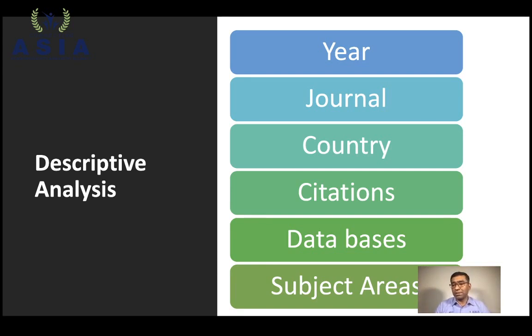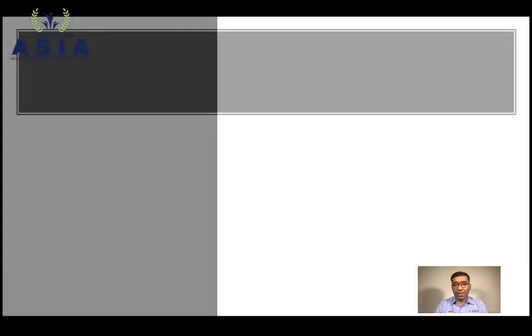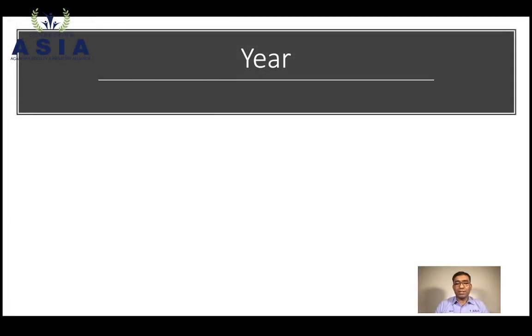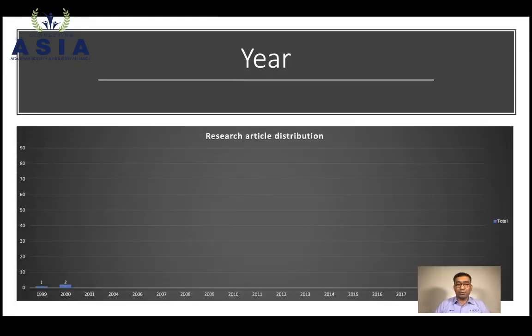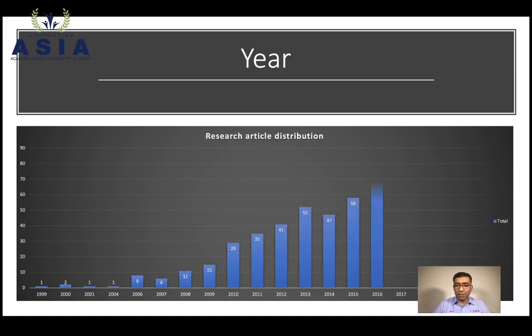How we can do this, I'll just show you in a while. We just need to use our Excel sheet and we try to conclude this set. Now next, let's see how we can distribute year-wise. I can show you this very beautiful graph, the research article distribution over the years.